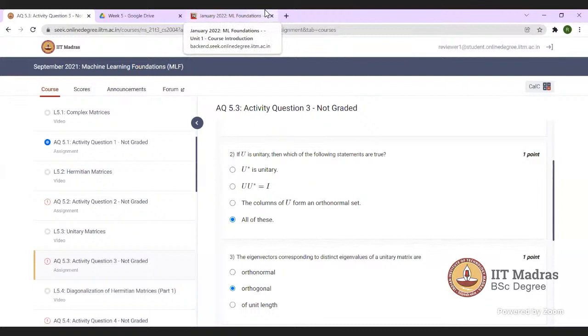So let's try to do that. You know that U star U equals I, right, if U is unitary?